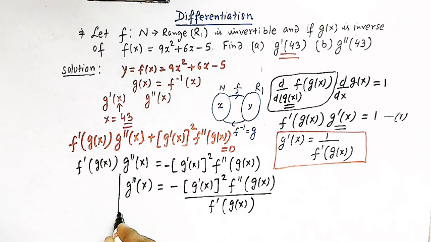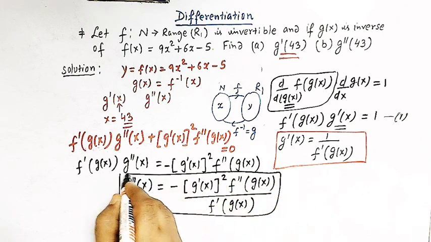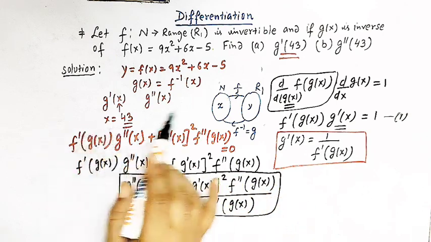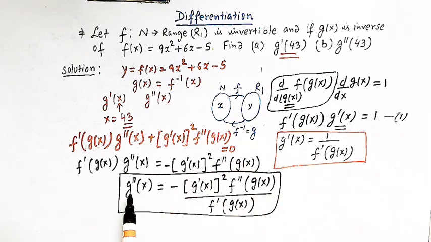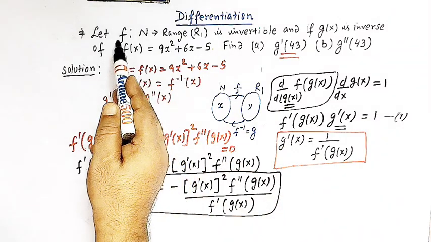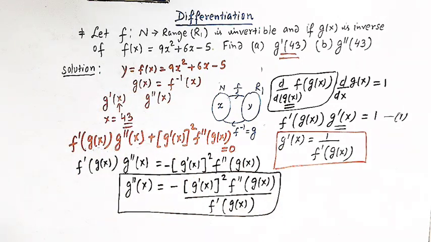So this is the expression for the second derivative of g of x, where g of x is the inverse of the given function f of x, right? And we can also express this result in some other forms also. So let us see.